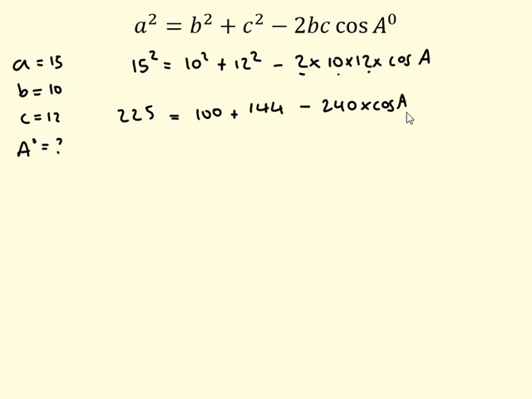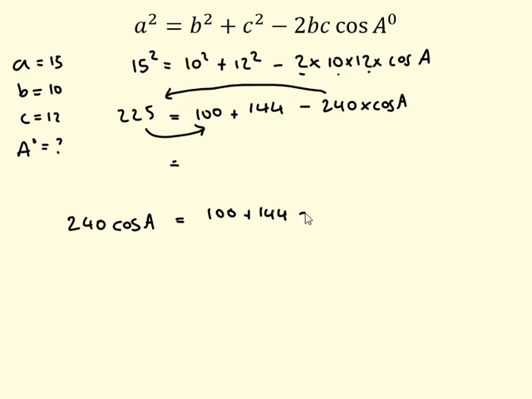Now, we don't know what the angle is, but I want to work it out. So what would I have to do? This minus 240 times cos A, I'm going to add that to the other side, and then I'm going to take away the 225, so I would get 240 times cos A equals 100, add 144, take away 225. Let's work that out.